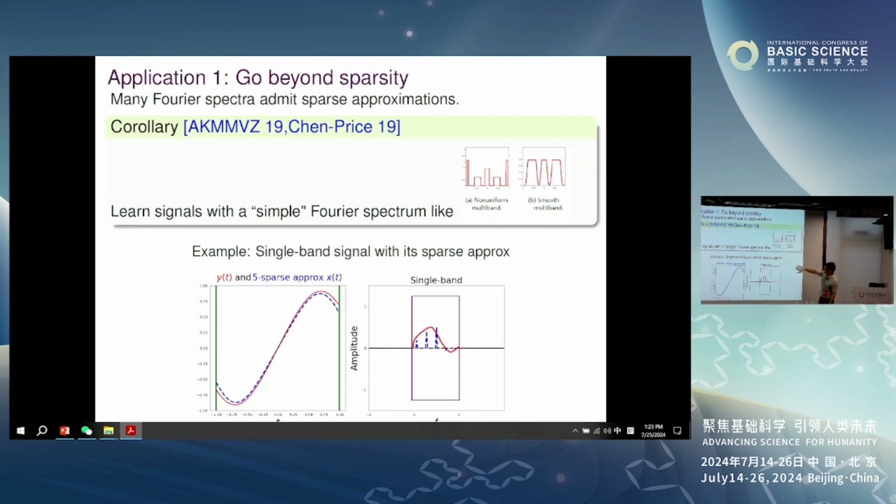Of course we need to show this for general signals, and that's not an easy job. But anyway, that beautiful work gives us the reduction such that we can apply our algorithm to learn any signals whose Fourier spectra admit a sparse representation. So this is one application.